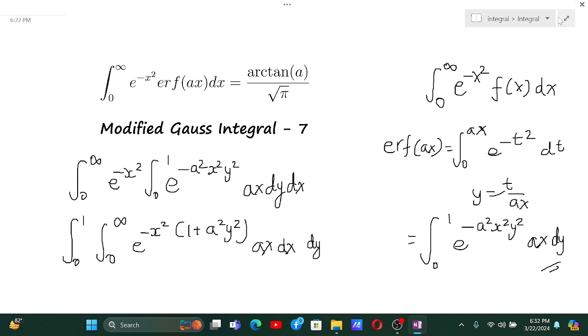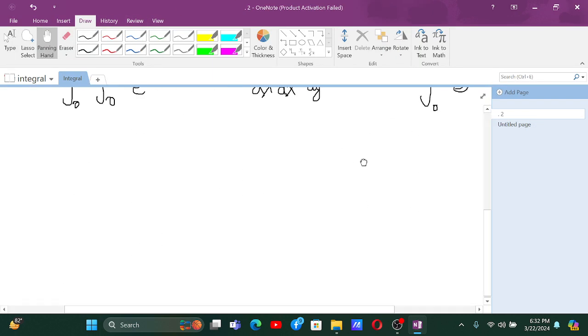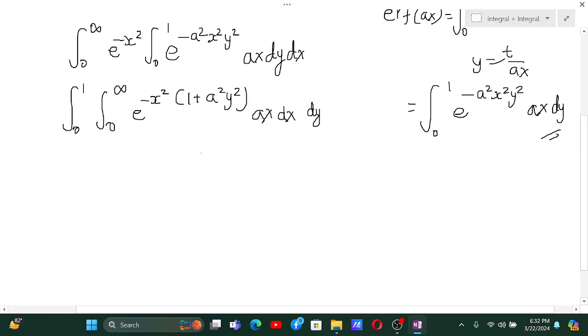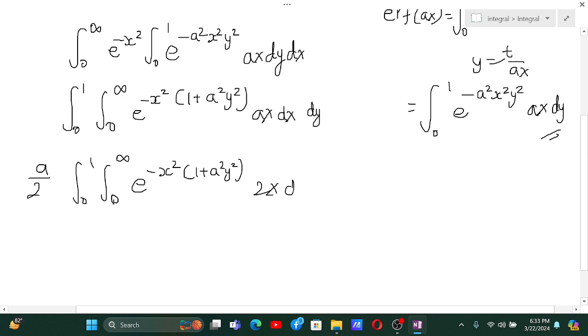Fine. Now what we can do is take a outside, so a by 2, integral from 0 to 1, integral from 0 to infinity, e to the power minus x square times 1 plus a square y square, and now this is 2x dx dy.